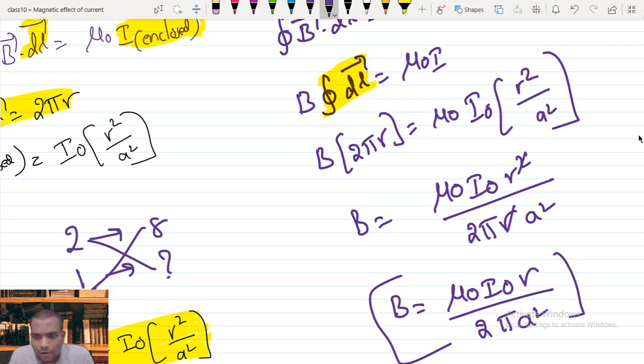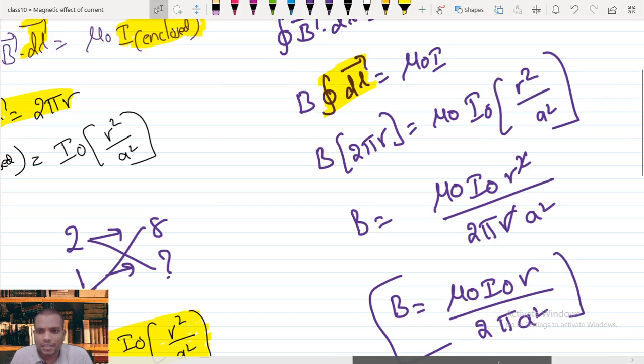See, all the quantities are known terms. Here a equals the radius of the conducting wire, and r is the point where we are trying to find the magnetic field. Mu naught and I naught, the current, are both constant, and 2 pi is also constant.